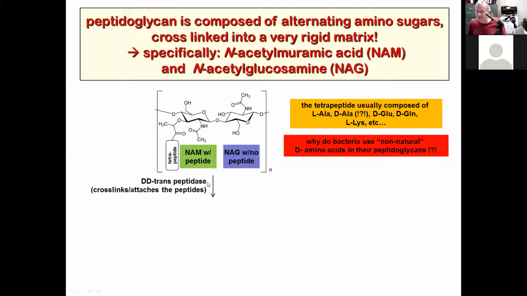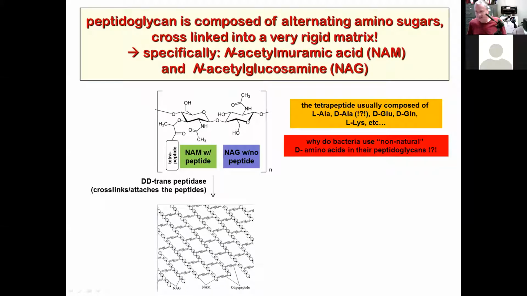This enzyme. What it basically does, you can kind of see that we alternate between NAG and NAM, and if you look really closely, the NAG are slightly darker, so that's what we're trying to show. It goes NAG NAM NAG NAM NAG NAM, right?